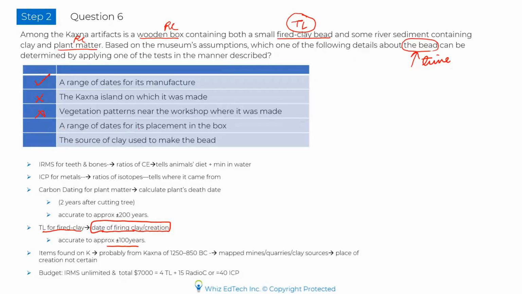Range of dates for its placement, like when it was placed in the box, we cannot determine that. Source of clay also we cannot determine, where the clay of the bead came from, because there was no technique to understand whether it came from the Kaksna island or not. So that is that. The correct answer is A.